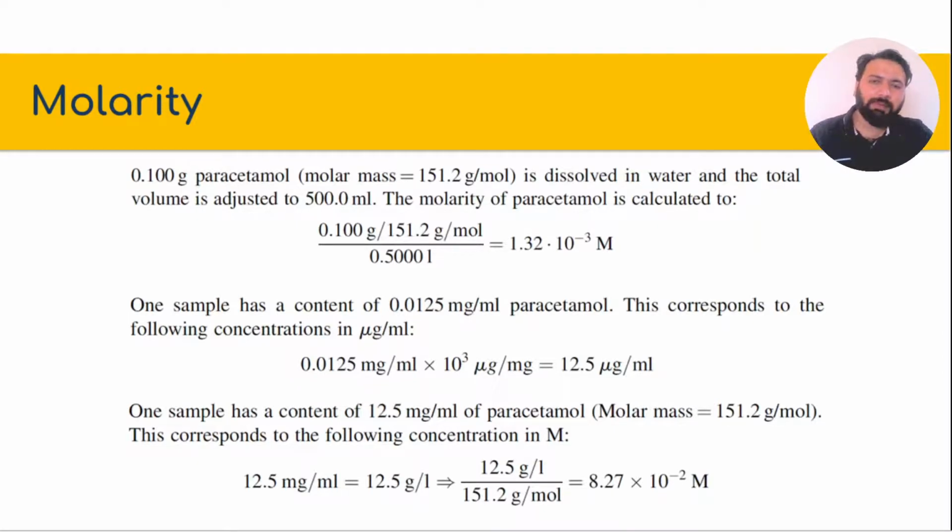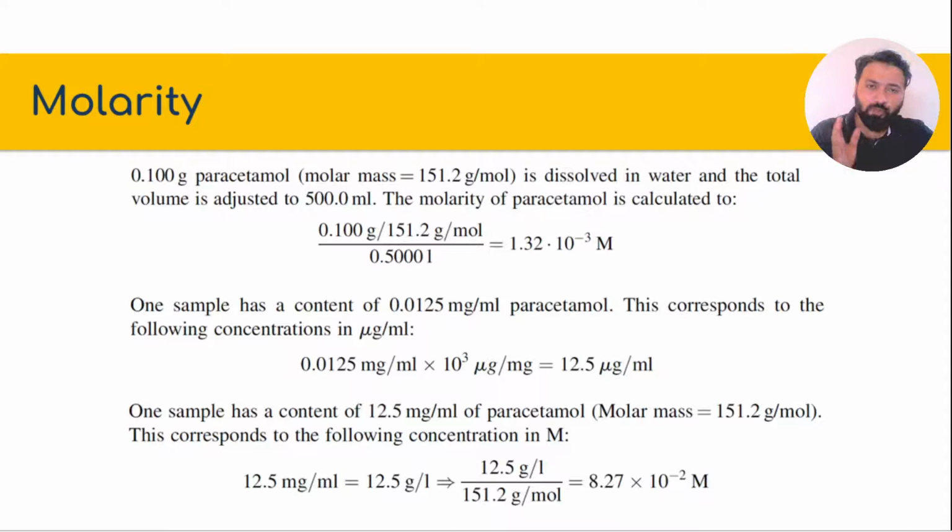Now one more example. A sample is given to us with a content of 12.5 milligram per ml. That is the concentration already given, right? In the earlier case, only the weight of the paracetamol was given, which is 0.100. Now here, 12.5 milligram per ml of the paracetamol is there.